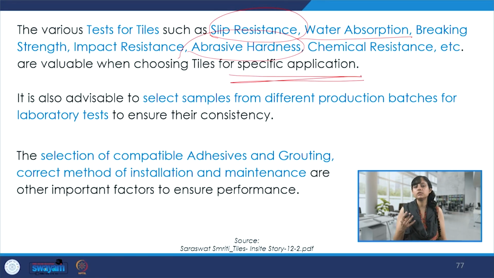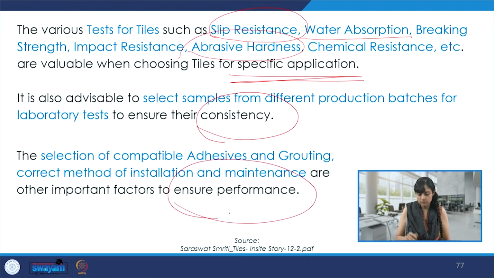It is also advisable to select samples from different production batches for laboratory tests to ensure consistency. And the selection of compatible adhesives and grouting, the correct method of installation and maintenance are all important factors to ensure the optimal performance.